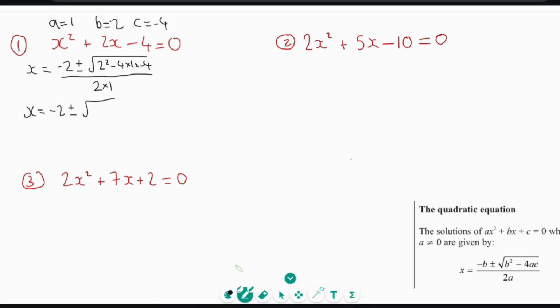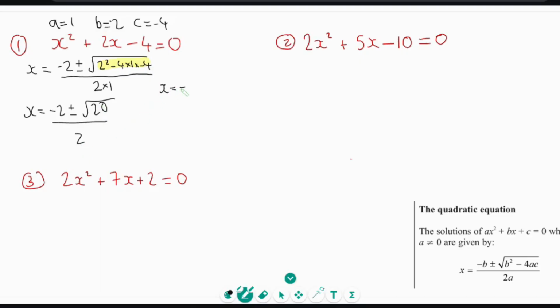Let's just work out this bit here. 20, all over 2.